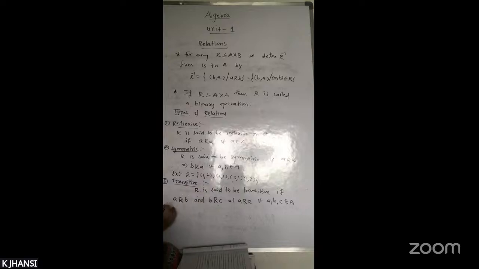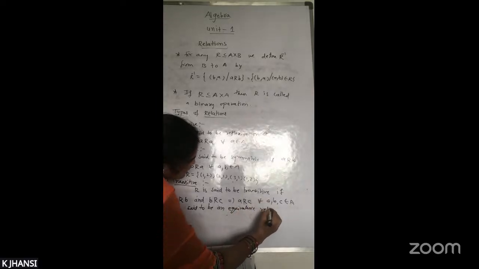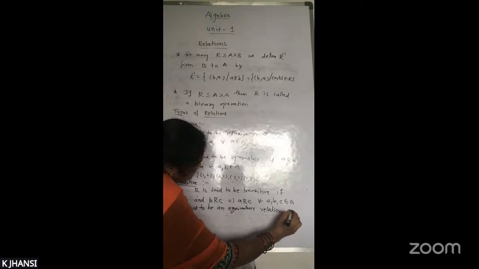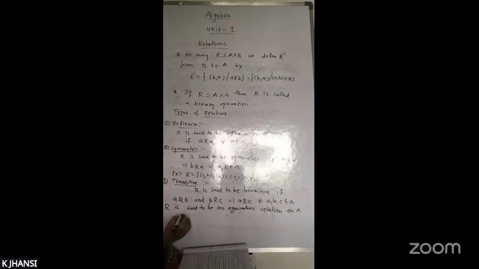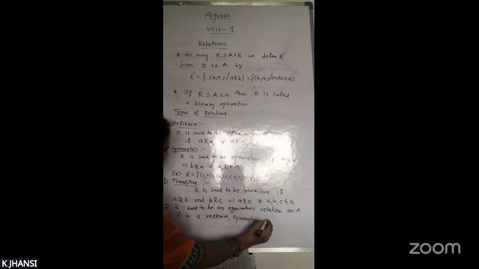So you can write here: R is said to be an equivalence relation on A if it is reflexive, symmetric, and then transitive.